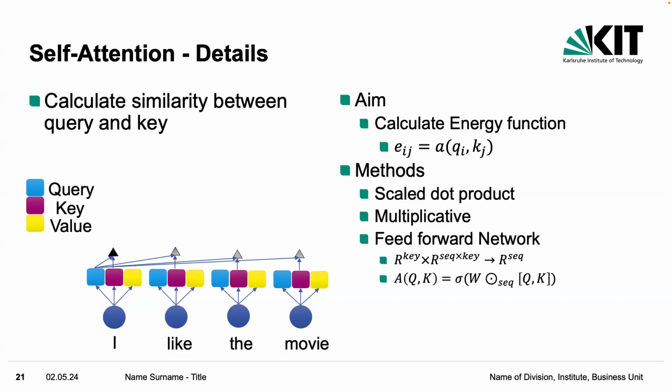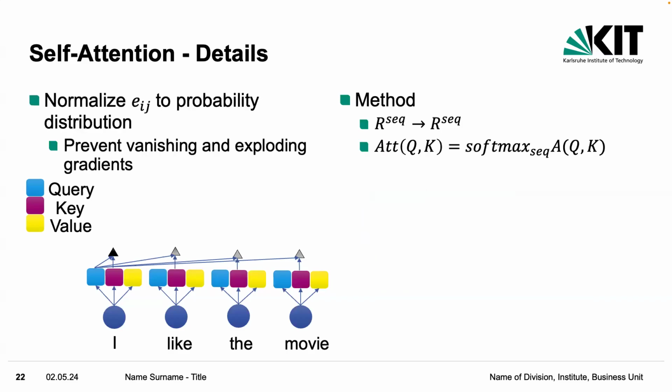Then we need to do the second step. This is the normalization, where we normalize our similarities in order to have a probability distribution. How we can do that, we learned already for other things. We can just apply our softmax activation function on that, and thereby ensure that this is a probability distribution.